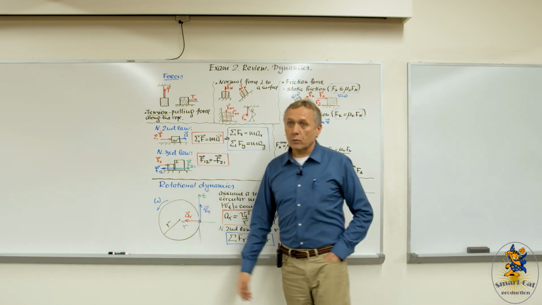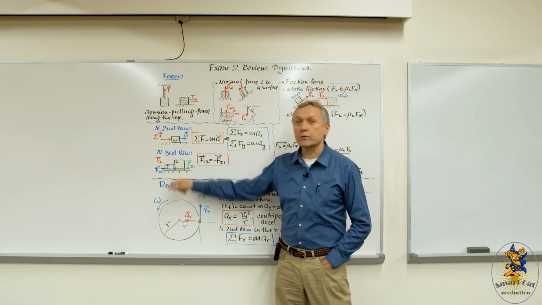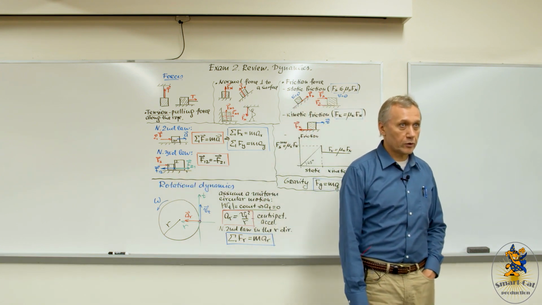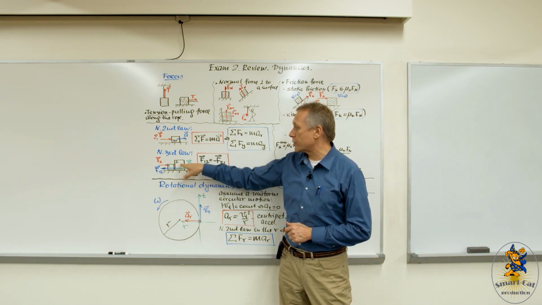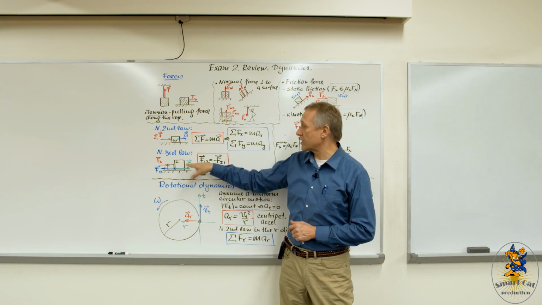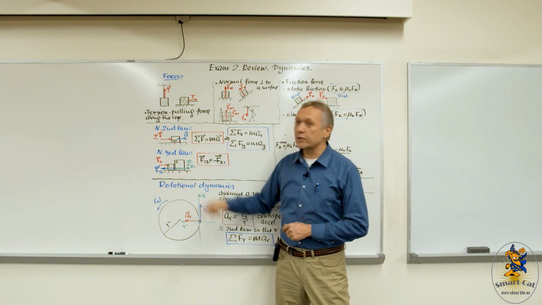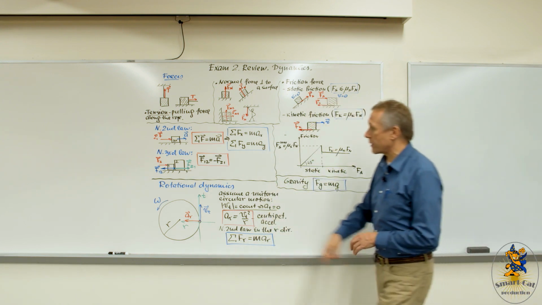Newton's third law, whenever you have two objects interacting, of course, they exert forces on each other. And in absolute value, those forces are equal to each other. So if object 1 exerts force F21 on object 2, at the same time, object 2 exerts force F12 on object 1, and these two forces are the same in magnitude, and of course, opposite in their directions.